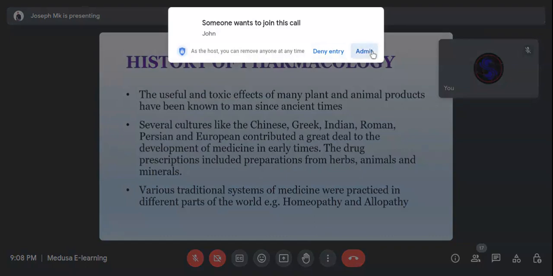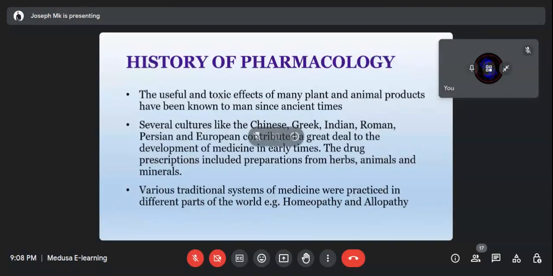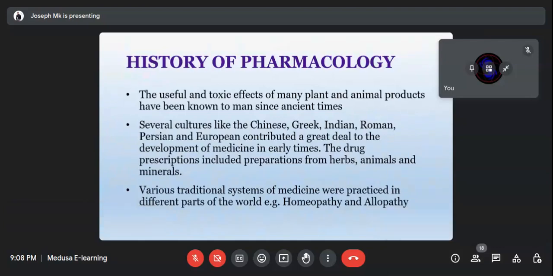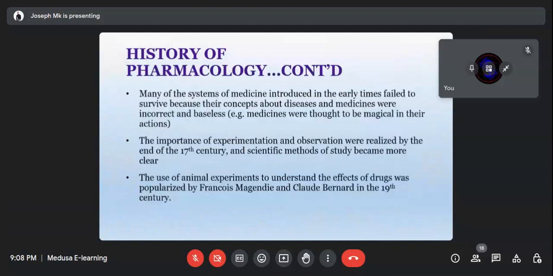I'm sure there are people who might be interested in knowing that, but for the sake of this lecture, we are really not going to focus much on the history. And looking at time, we should look at something which is important. I know the history is important. You really need to know how things came about. But for the sake of this lecture, like I said, let's not focus on the history.